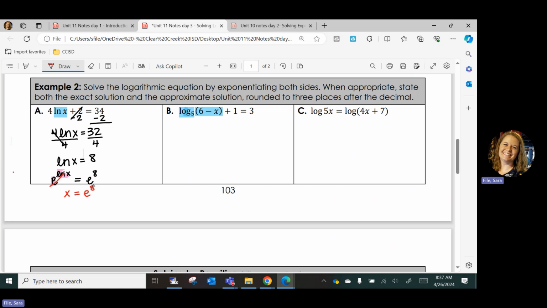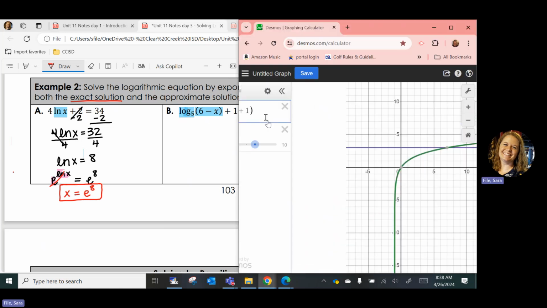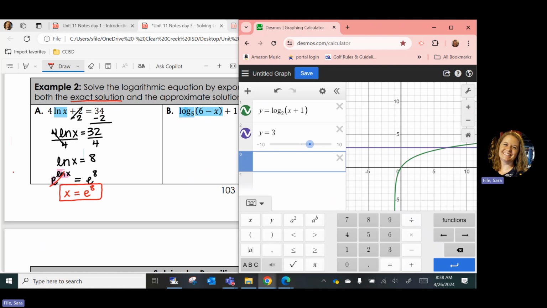Now it says up here in the instructions to give both the exact solution, which e to the power of 8 is, that's the exact solution, but it also wants us to approximate our solution to 3 decimal places, 3 places after the decimal. So if I type in e to the power of 8, I get 2,980.95798.